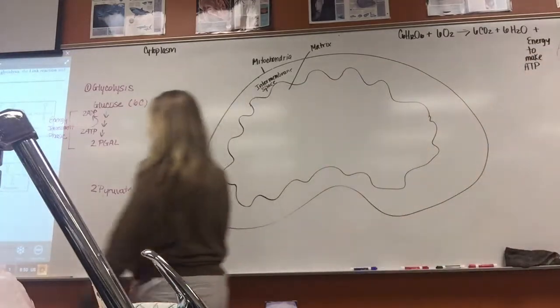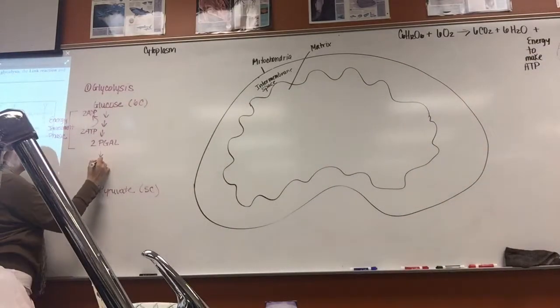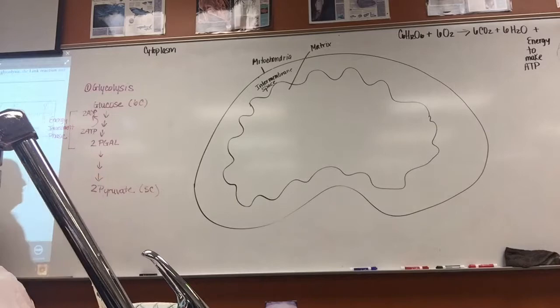And so this next phase, now we have a series of reactions to convert this p-gal into pyruvate, which is what we have here. And instead of using ATP, this makes ATP. And so how many total? Total is 4. All right, so that's what this is showing you here, notice that this goes from high energy to lower energy.